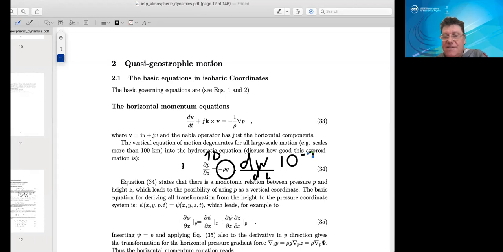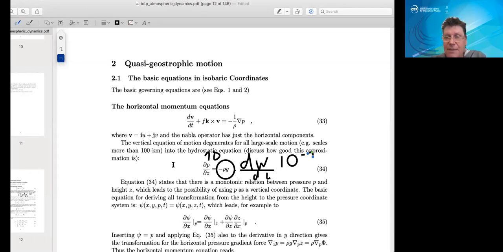And whenever you find a quantity that has a monotonic relationship with the vertical direction, then you can use this new quantity as a vertical coordinate. So there are also other options.